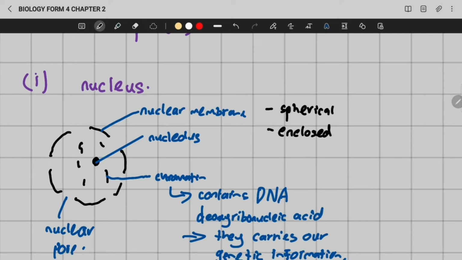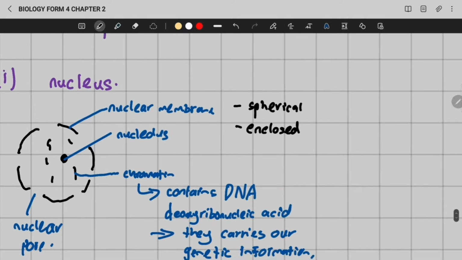So actually you can explain by drawing the nucleus itself, and then you write your explanation by referring to your drawing. That's another way I remember all of the biological facts to answer my SPM, to sit for my SPM. And you should know that this nuclear membrane has many pores. So just add here.